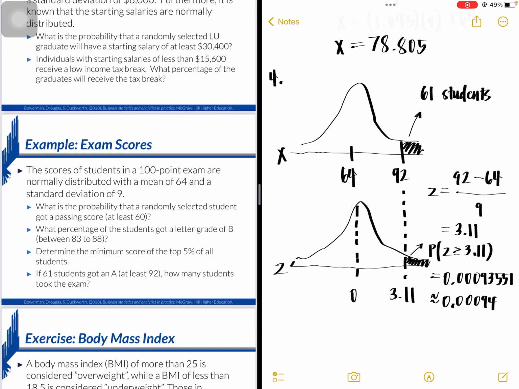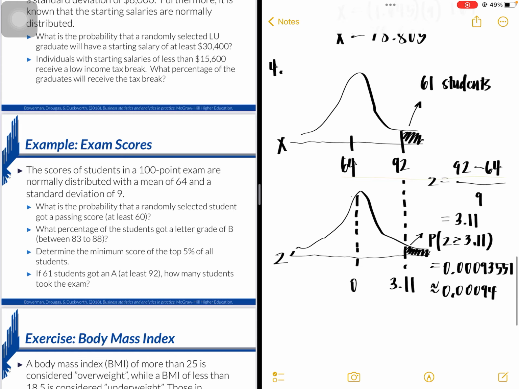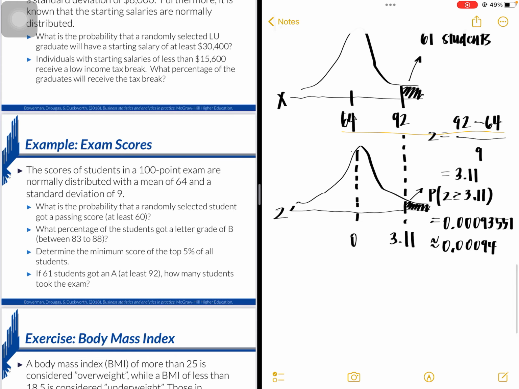So 61 students, that's 0.00094 of the total number of students who took the exam. If the total number of students who took the exam is n, and we multiply that by 0.00094, that should be equal to 61.